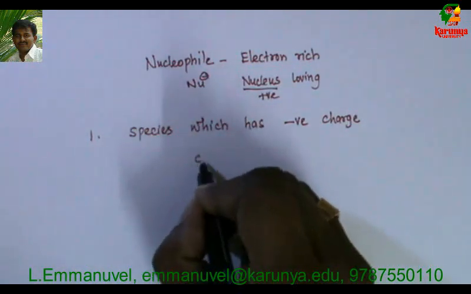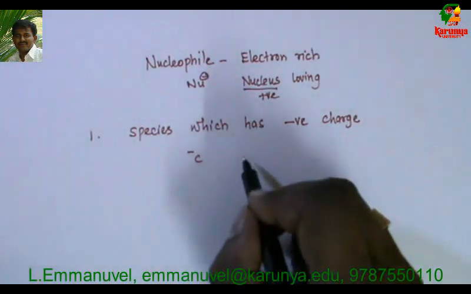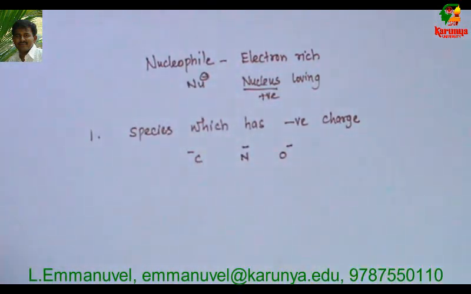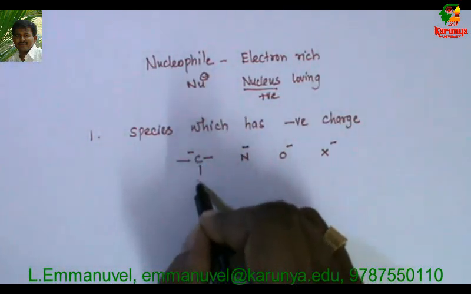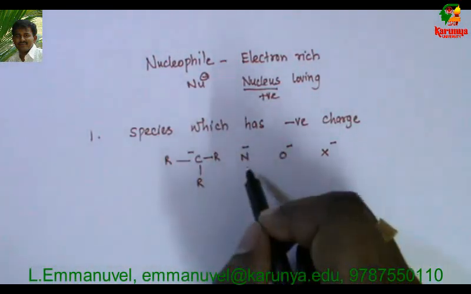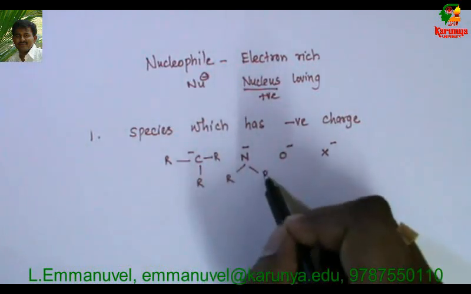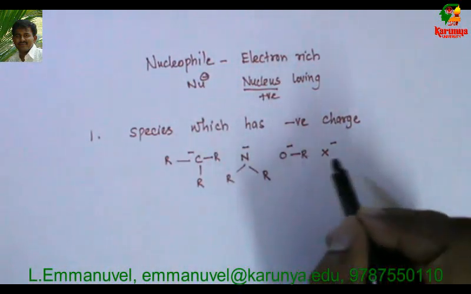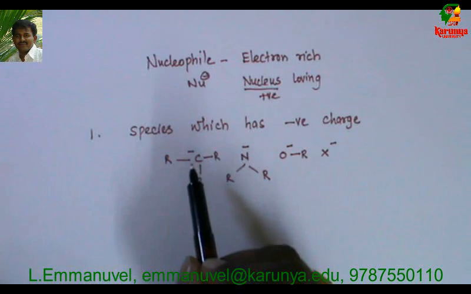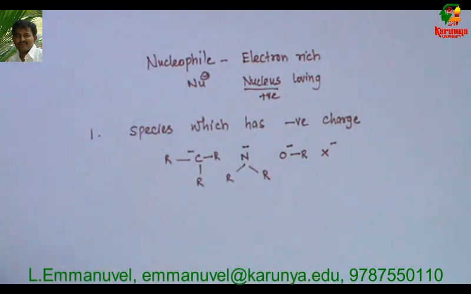For example, C minus, N minus, O minus, halogen minus. All these things can act as nucleophile. Since the valency of carbon is 4, I write like this. The remaining 3 are there. Since the valency of nitrogen is 3, the remaining 2 are there. This is the first category: species which has negative charge on a particular atom.